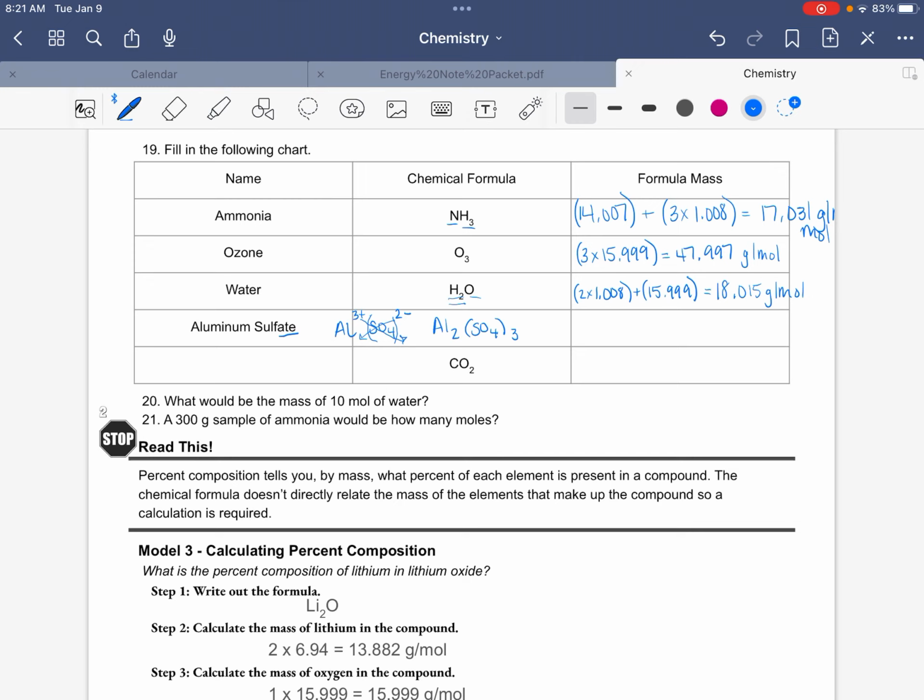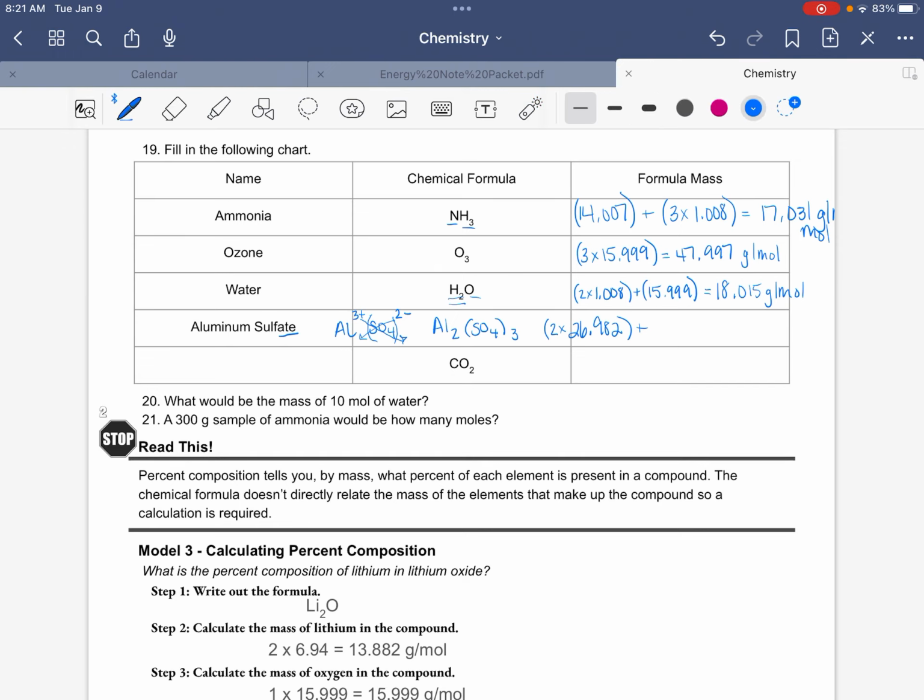For the formula mass, we have 3 different elements that we're combining the masses of. We start with aluminum: 2 times the mass of aluminum, which is 26.982, plus, because we have parentheses, we need to distribute the 3 and multiply by each of the subscripts inside the parentheses.